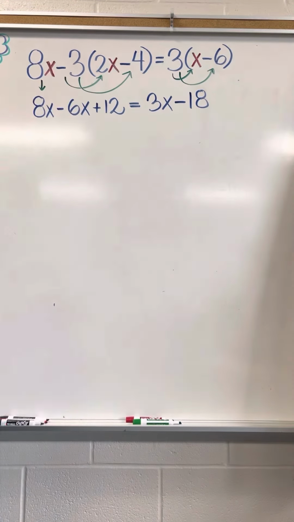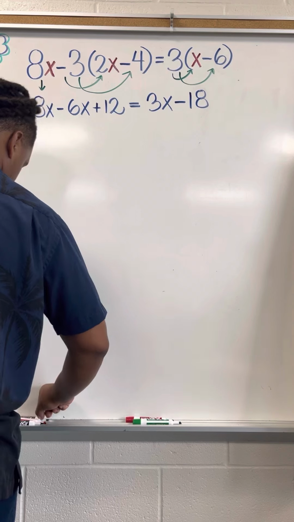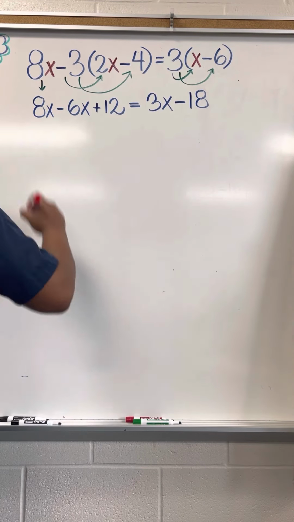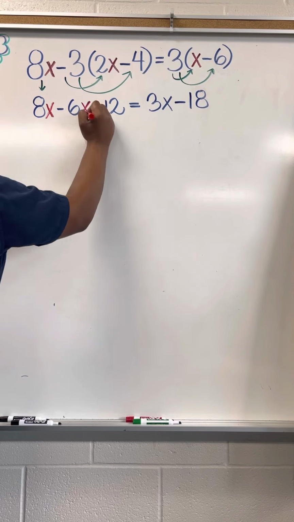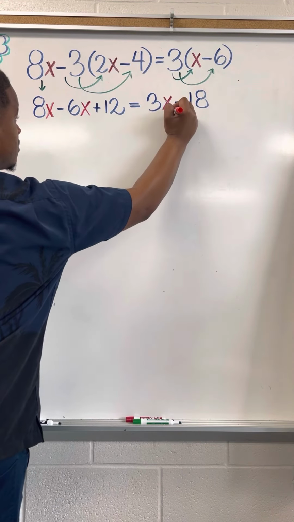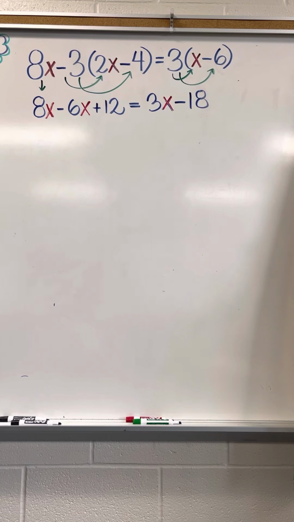So far, guys, after you distribute, this is what you should have, okay? So let me go ahead and make my variables be red like I've had them so we can easily see and distinguish everything, okay?